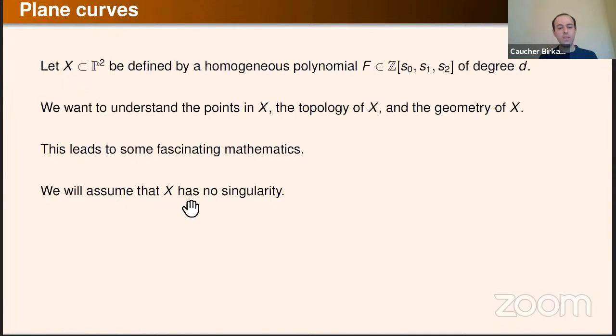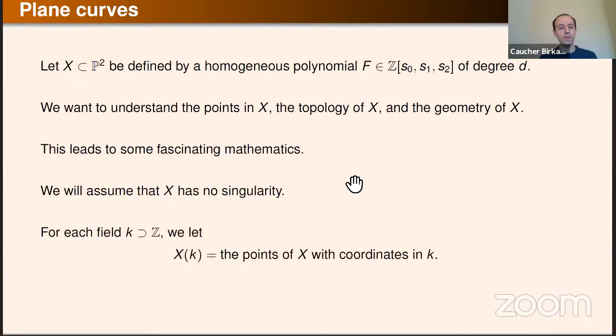So remember that X is inside P2 defined just by one polynomial in 3 variables. We will assume that this X has no singular point. Singularity means similar to what I discussed before: there is no strange point on this space. Now, if I have a field K of characteristic 0, so it contains the integers, let's define a notation here, X(K).